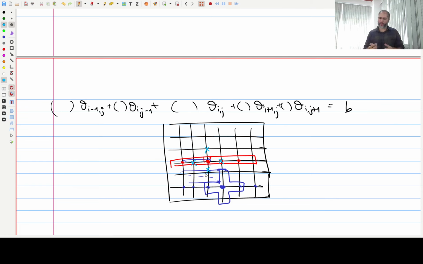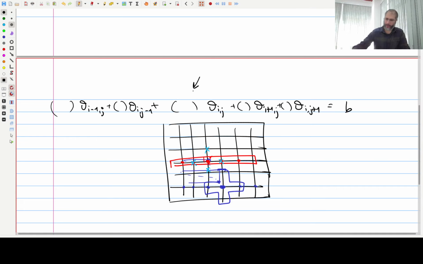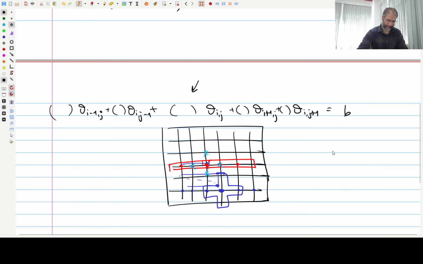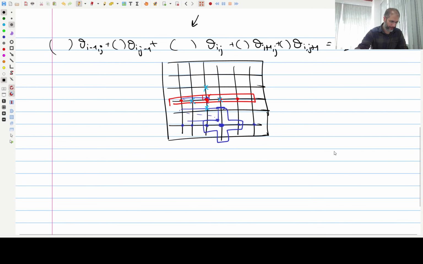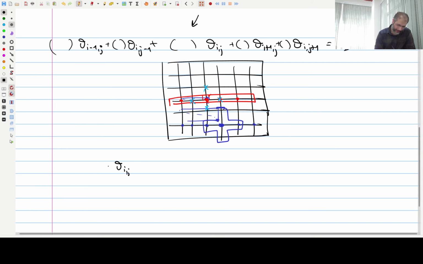So what happens is this equation that we have here, we sort of reorganize this equation. So I keep theta i,j term here.